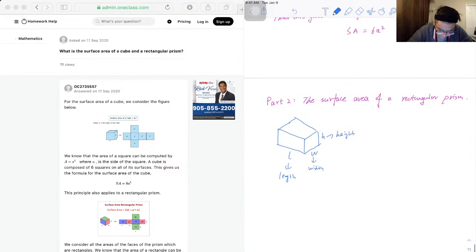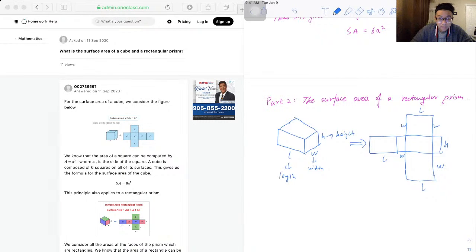And if you want to expand this, it's going to look something like this. Right. So now here's the length, the width, and that's the height, length, width, and so on for the rectangular prism.